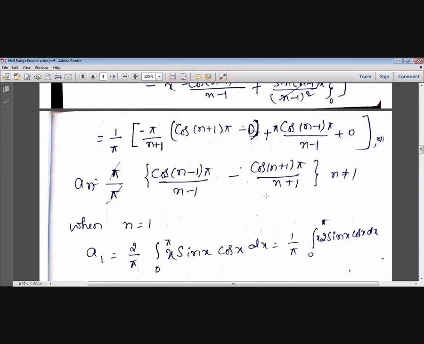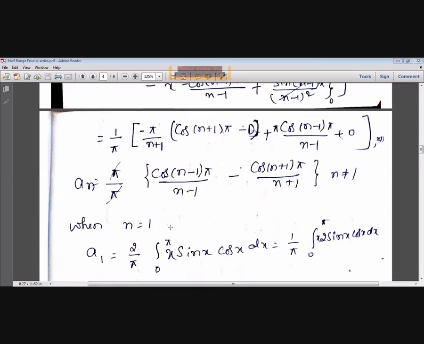Because if n equals 1, then n minus 1 is 0, cos 0 is 1, and 1 by 0 gives infinity. So, to avoid that infinity, take n not equal to 1.